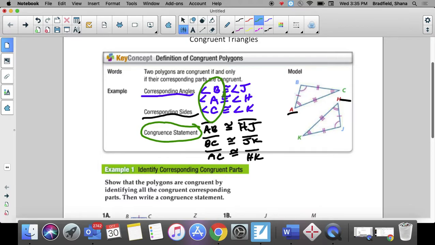So for triangle ABC, I have triangle BAC is congruent to triangle, and then the matching parts in the correct order would be JHK, because B is congruent to J, A is congruent to H, and C is congruent to K. So that's my congruence statement.